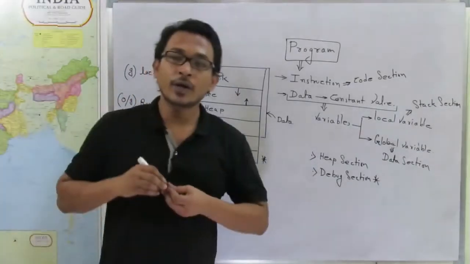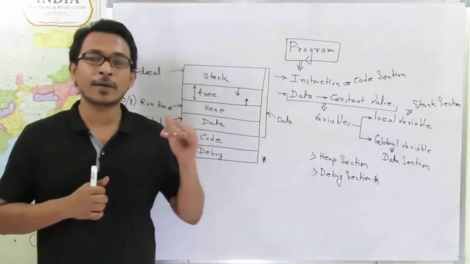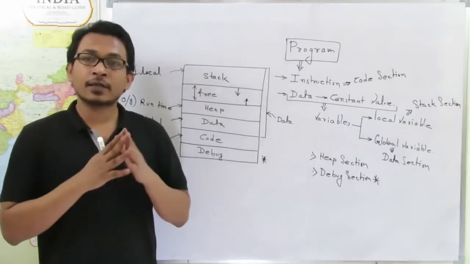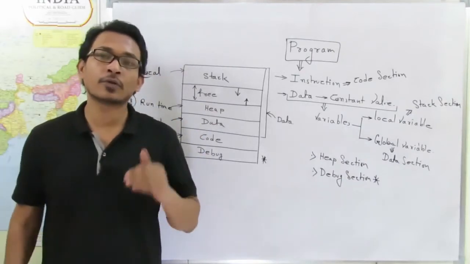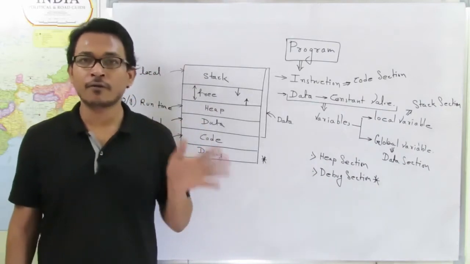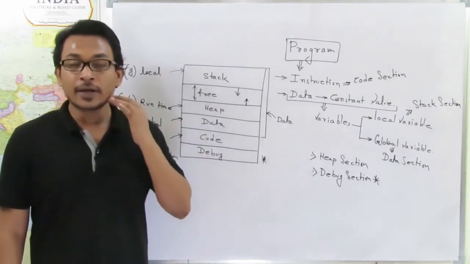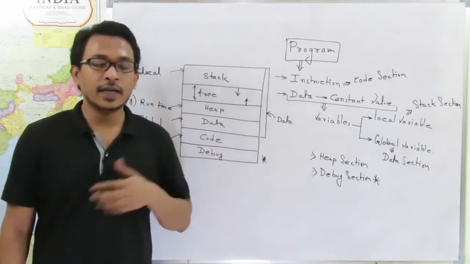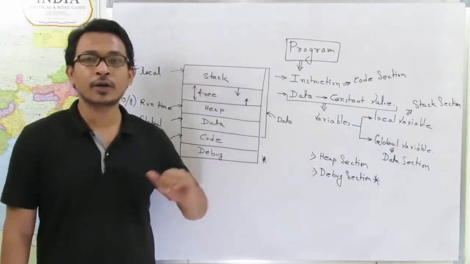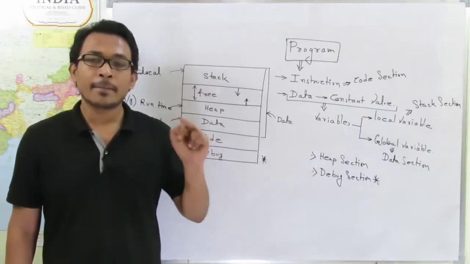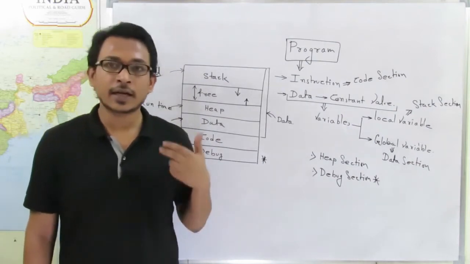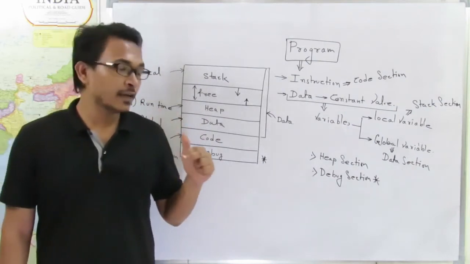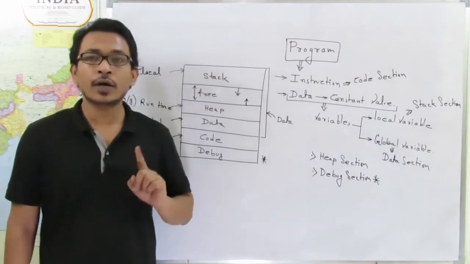That means what the initial value of a particular variable will be depends on where the system allocates the memory for the variable. If the memory is allocated from the stack section, the initial value will be a garbage value. If memory is allocated from the heap section, the initial value will be either 0 or garbage.